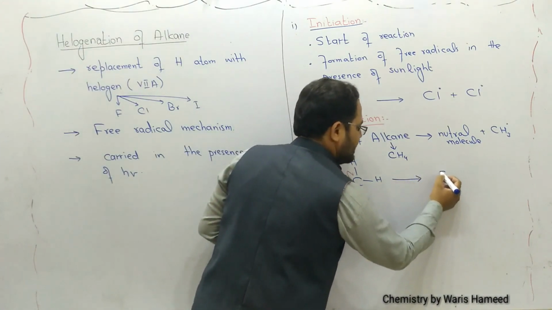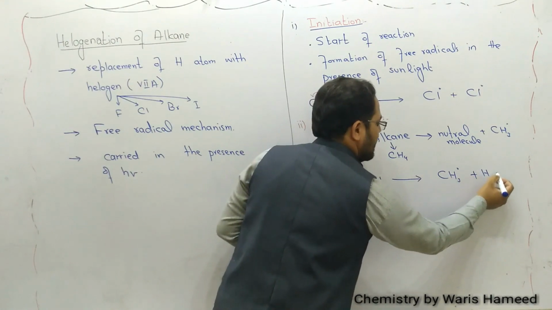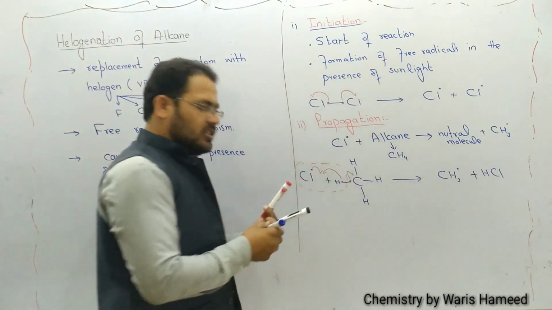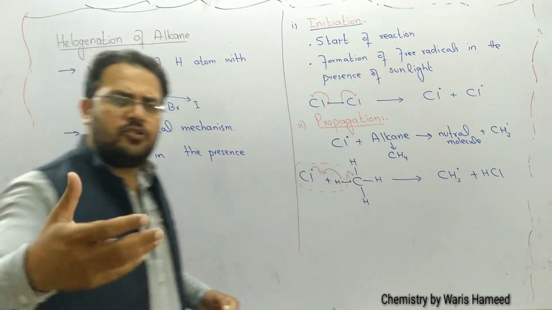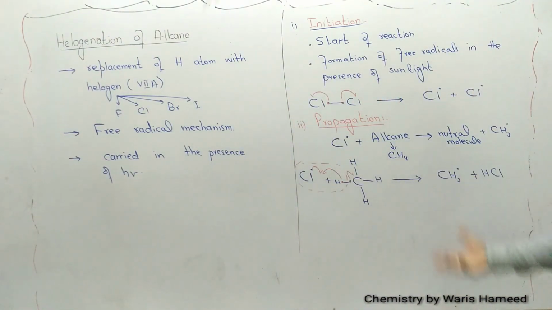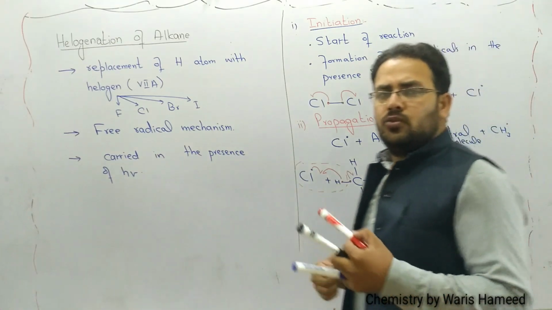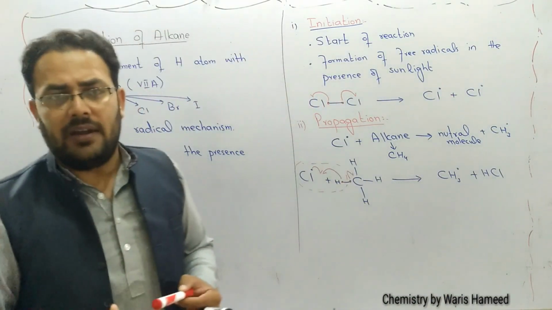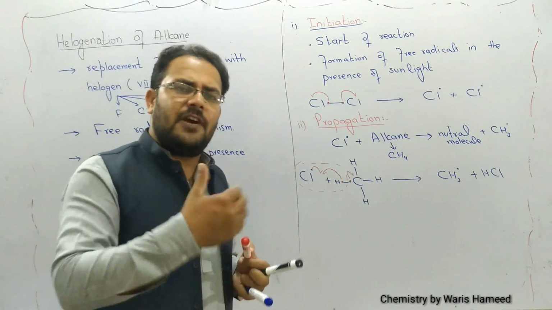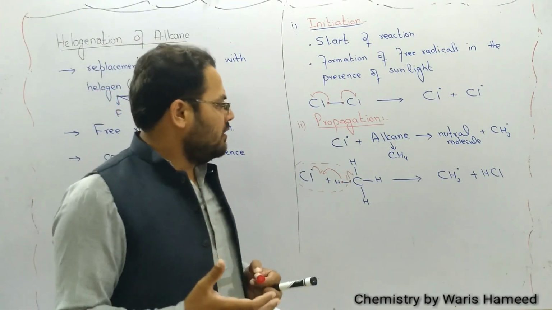We can write CH3 radical and HCl. Now this methyl radical is also a reactive species. It can react with another chlorine molecule, and there will be the substitution of hydrogen atoms one by one leading to carbon tetrachloride.